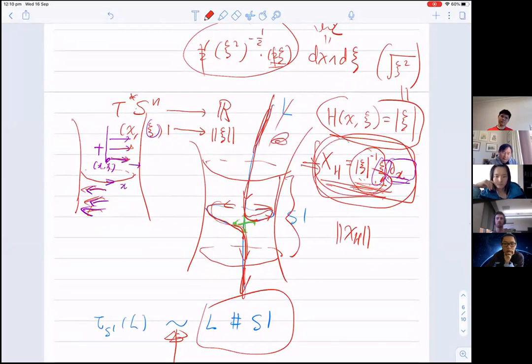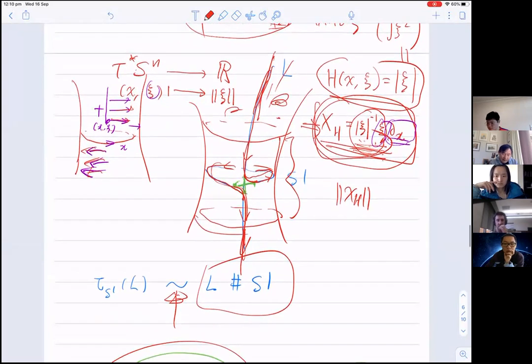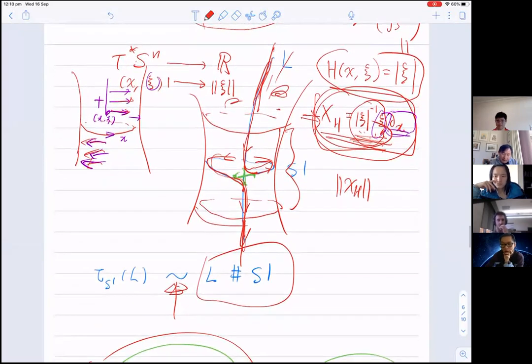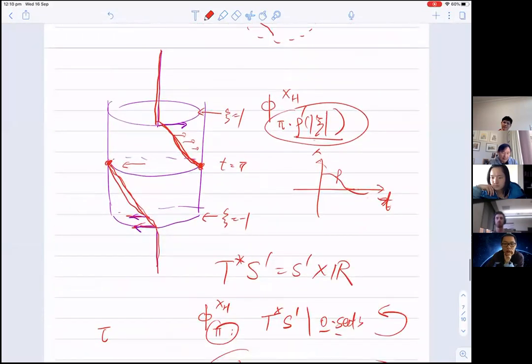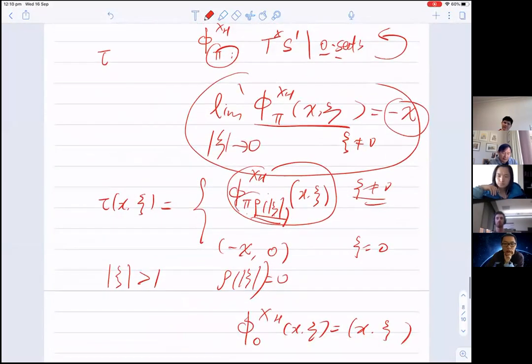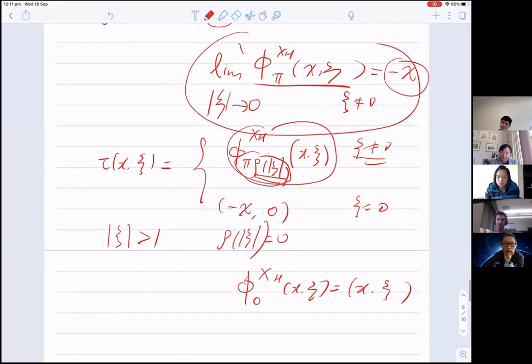There are no vector fields, so it's constant identity. And away from this is identity. And then when c is getting closer to 0, I make that pi. I just take this, and then that is the antipode map. So this is a Dehn twist.